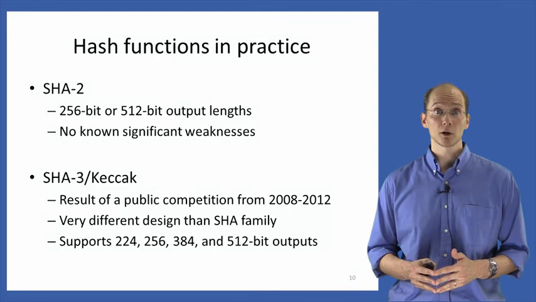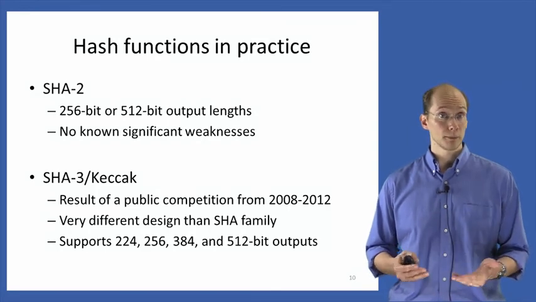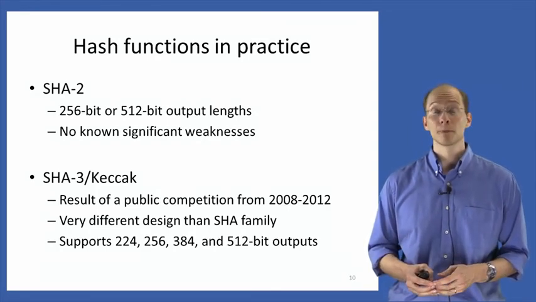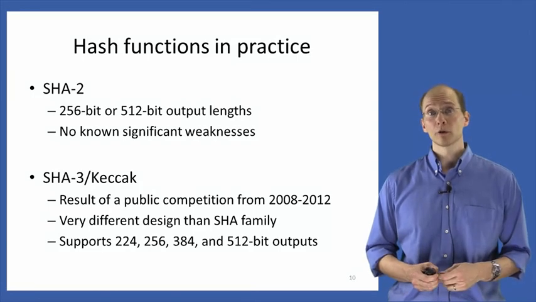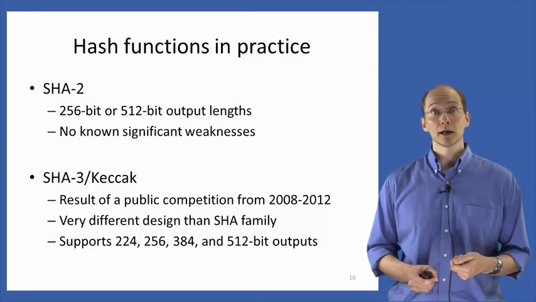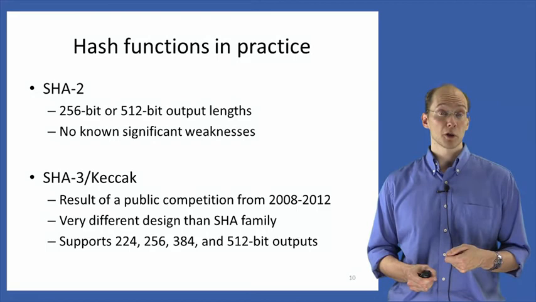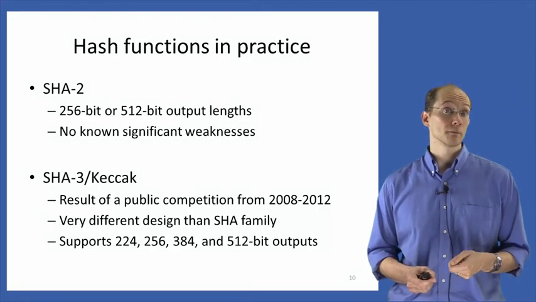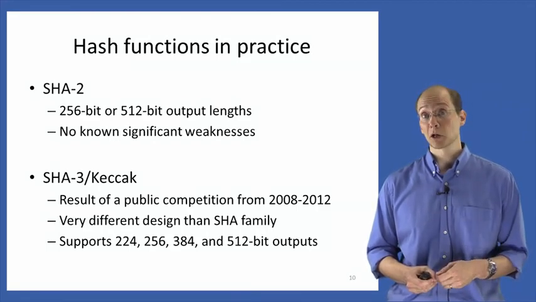The name of the submission was Keccak, and so you'll often hear people refer to it by that name as well. One thing interesting about Keccak is that its design was very different from the SHA family. In fact, it's different both from MD5 as well as from SHA-1 and SHA-2.